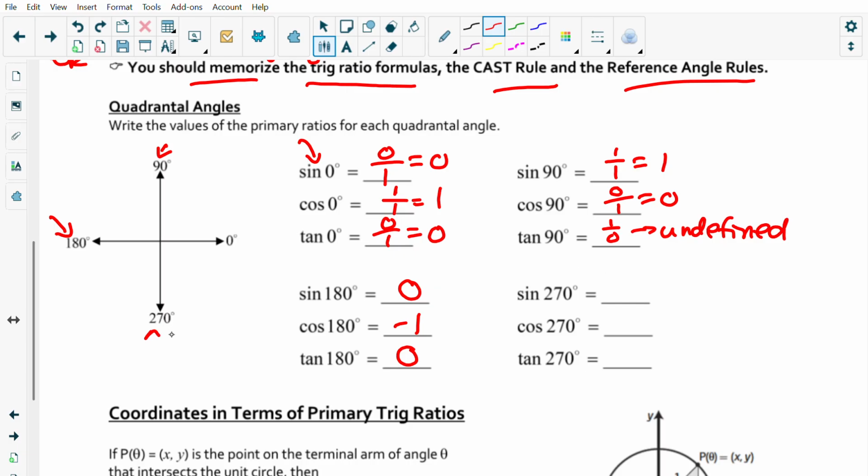Likewise, for our last quadrantal angle at 270, if sine of 90 is 1, then sine of 270 on the other side, the negative y value, is negative 1. Cosine of 90 is 0, then cosine of 270 is still 0. And then tangent, the sine over the cosine ratio, is still undefined.